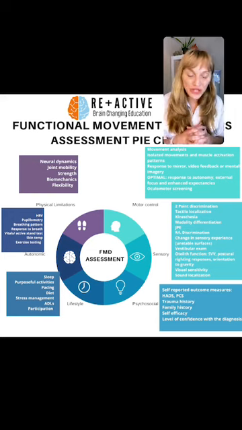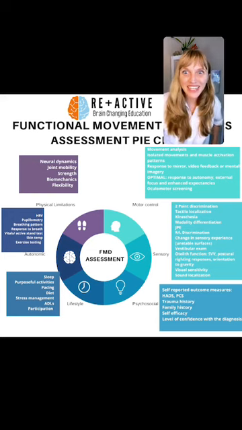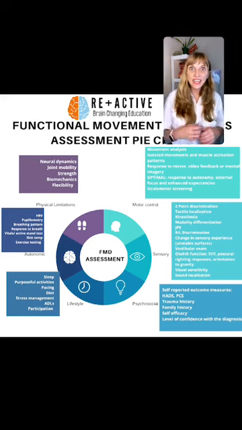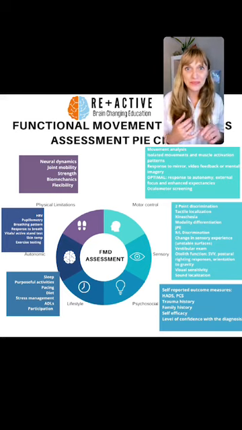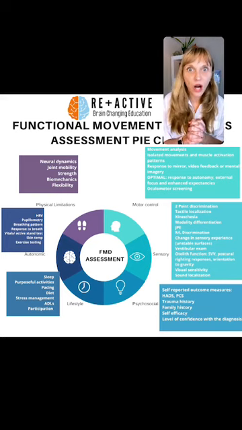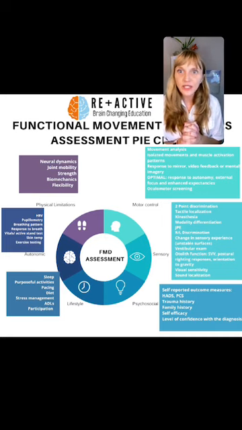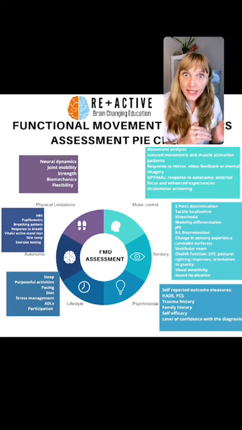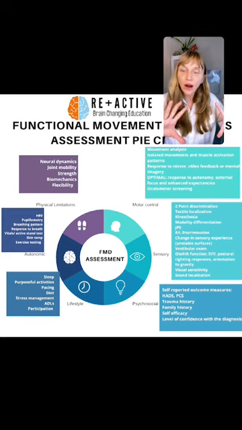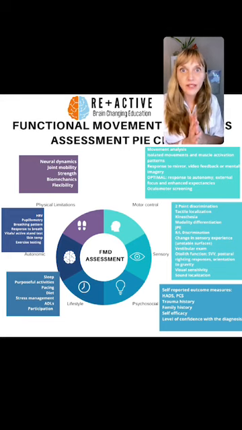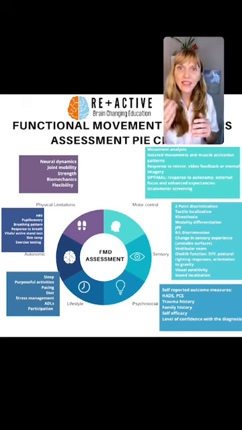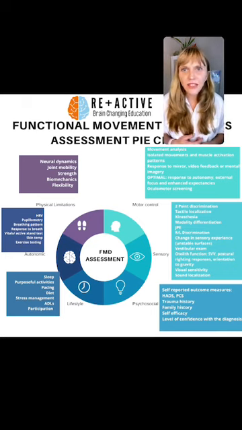We're starting to look into, thank you to our amazing colleagues in Canada, who have gotten us onto pupillometry as an outcome measure in the autonomic nervous system. So we need to test these things to see how big of a part of the pie is the autonomic nervous system.